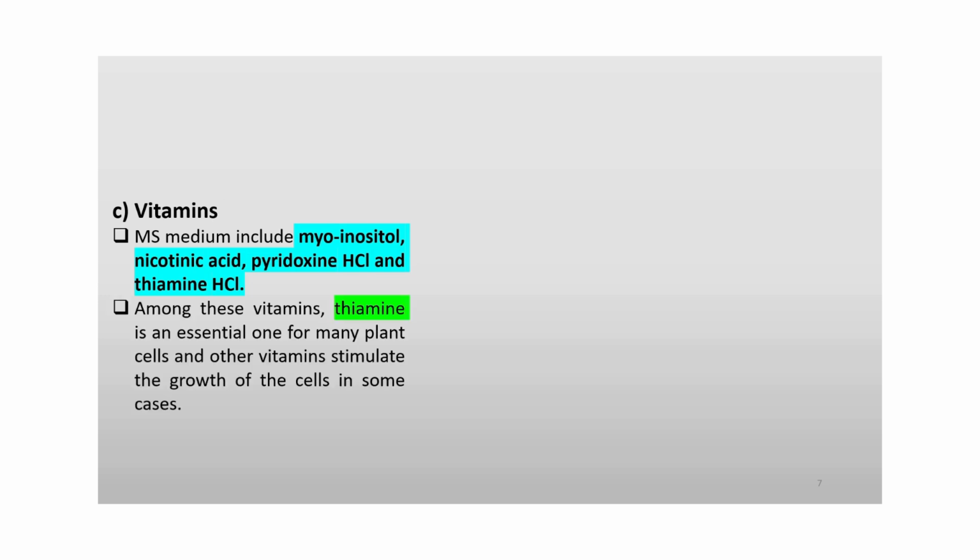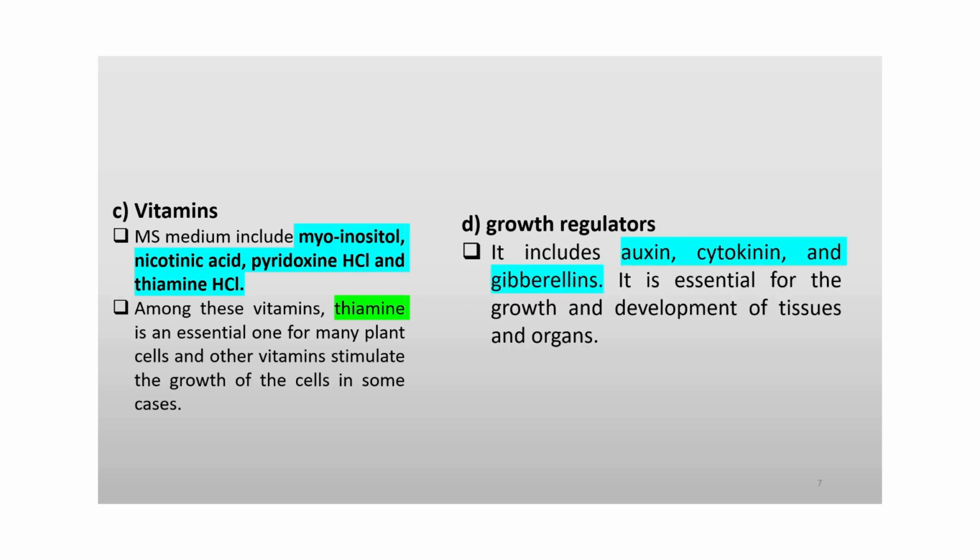Among these vitamins, thiamine is an essential one for many plant cells, and other vitamins stimulate the growth of the cells in some cases. The next one, D, growth regulators. It includes auxin, cytokinin and gibberellins. It is essential for the growth and development of tissues and organs.